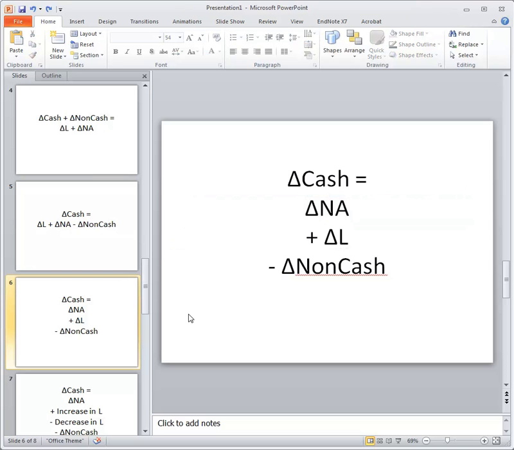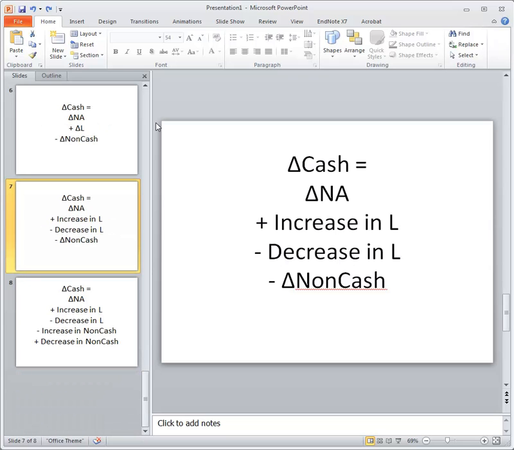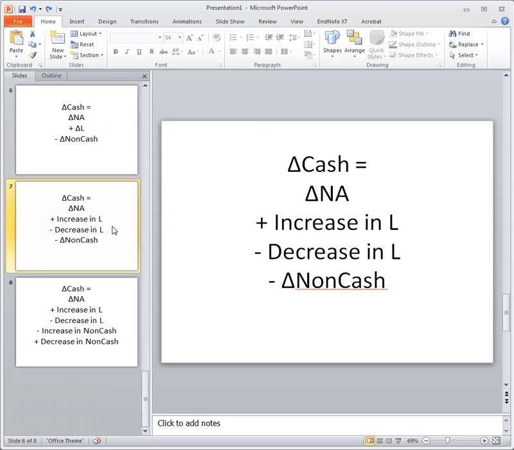So this change in net assets plus the change in liability means that we add to the net asset any increases in liability and pull out any decreases in liabilities.